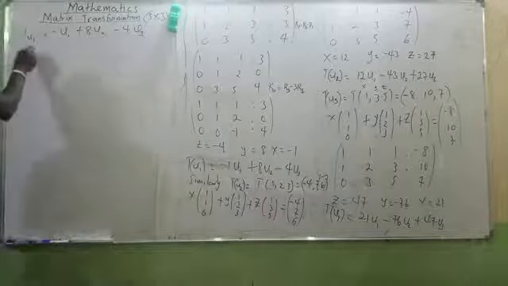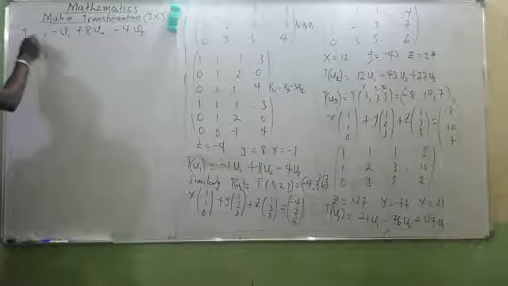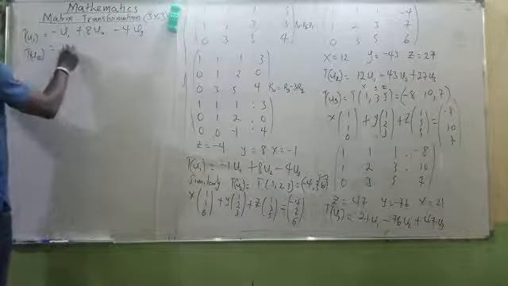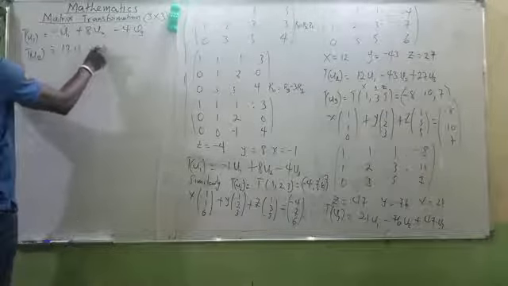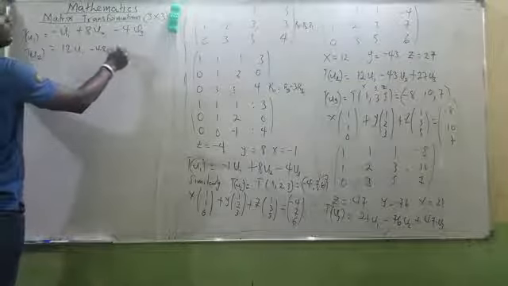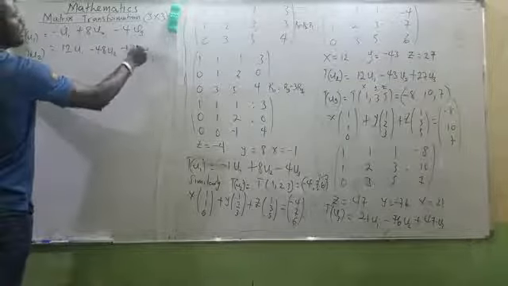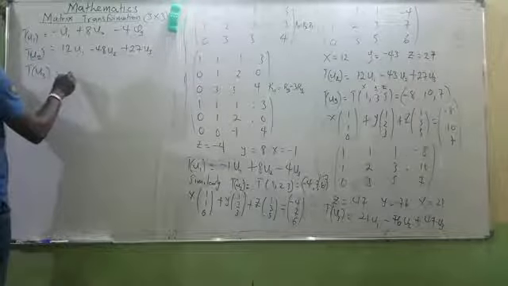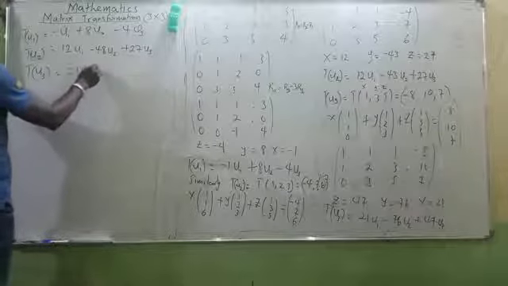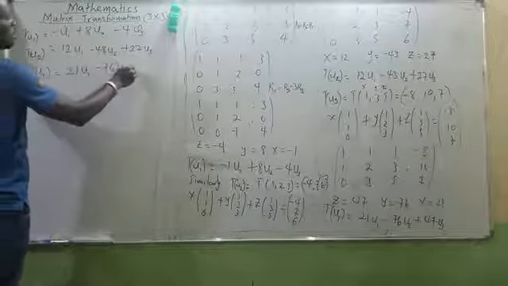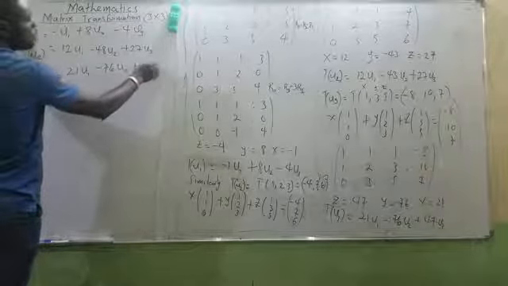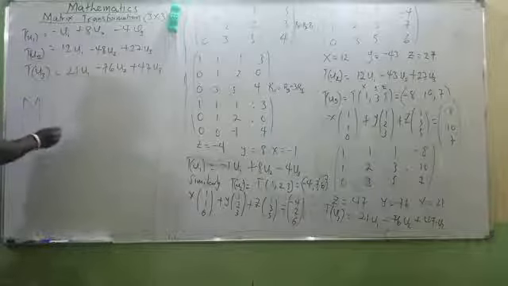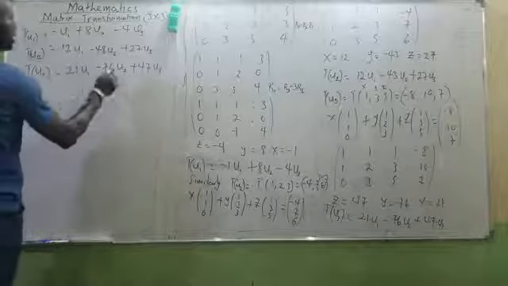Now, my TU2 will be equals to 12U1 minus 48U2 plus 27U3. Now, my TU3 will be equals to 21U1 minus 76U2 plus 47U3.